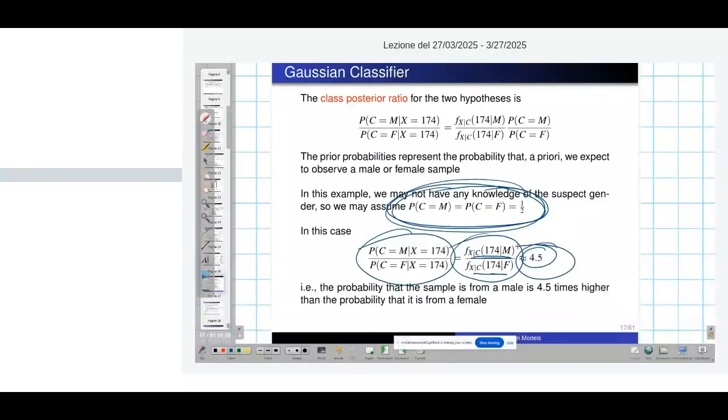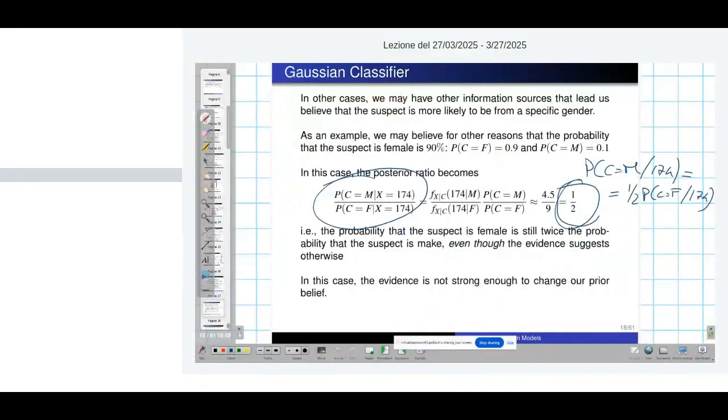So the model will give me this ratio, telling me the ratio between the class conditionals is 4.5, and then depending on the class prior probability, this 4.5 leads to saying that the point is male or female, depending on the value of the class prior probability.